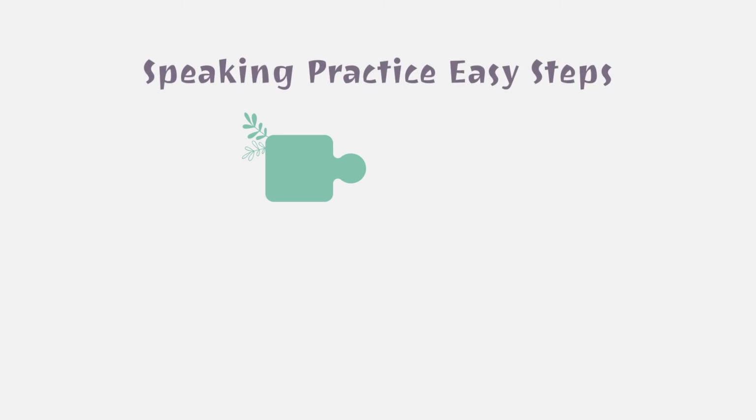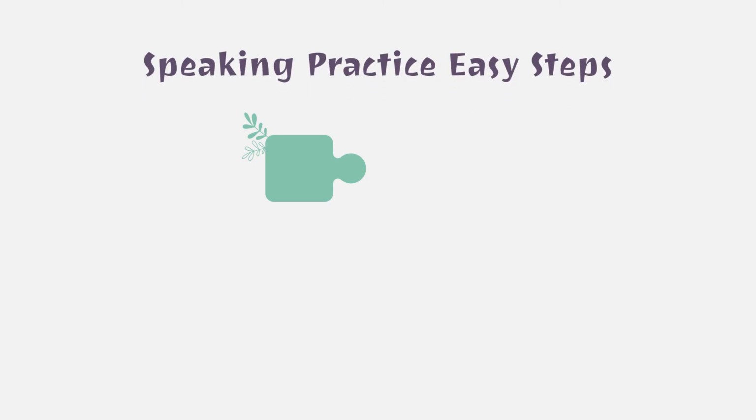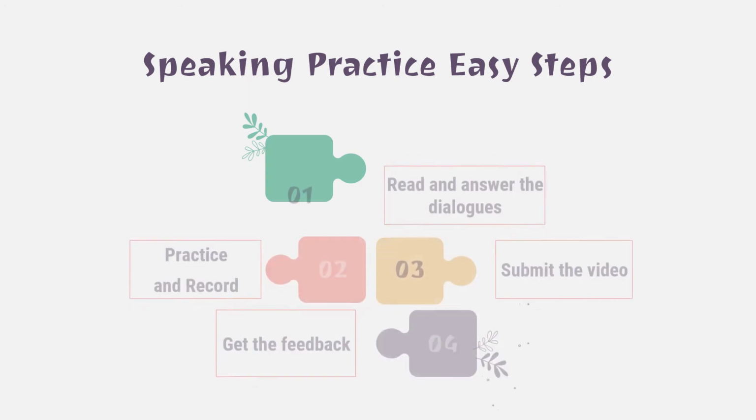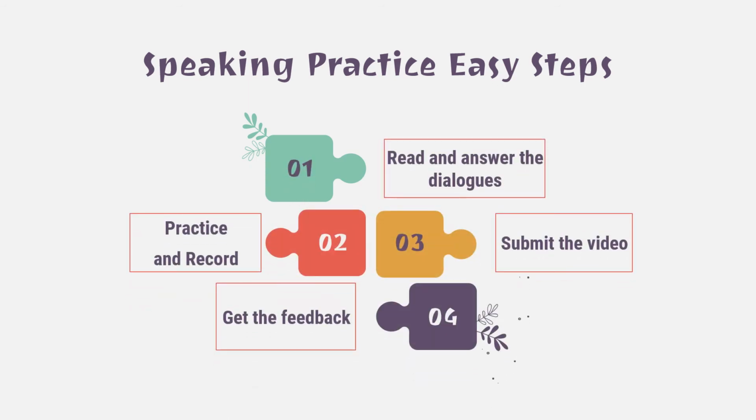Okay, I have these easy steps. Speaking practice easy steps. How to do the speaking practice. Here it is. One is you read and answer the dialogues. Later, I'm gonna show you the way how to read and answer the dialogues.